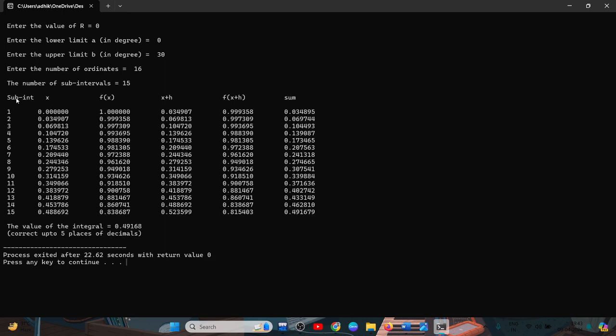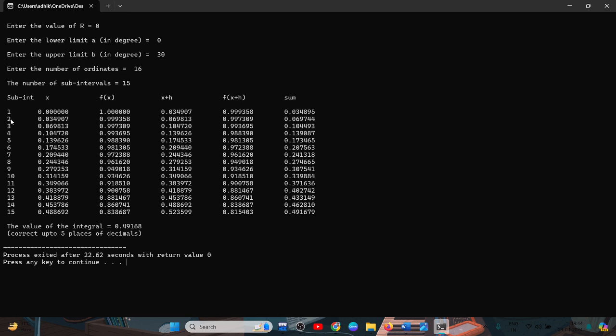The first column is the subinterval column. This first subinterval means x0 and x1. This is the value of x0, the value of fx0, and this is the value of x1, the value of fx1. So this sum is h by 2 into fx0 plus fx1.